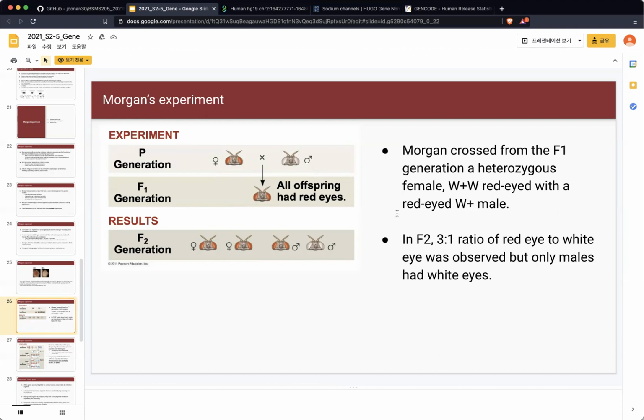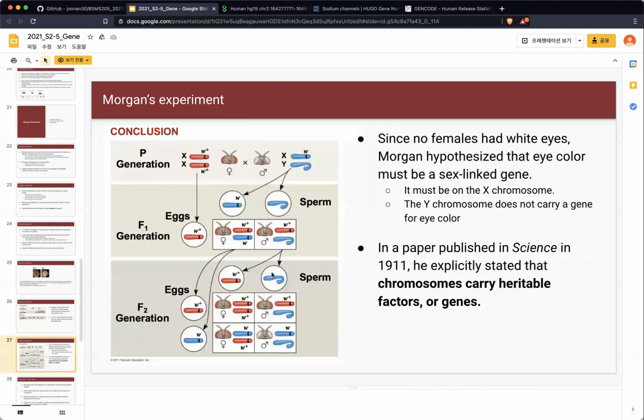In the first generation, all of the offspring have red eyes because they all carry this allele, right? In F2, you have a 3-to-1 ratio of red eyes to white eyes, but only males have the white eyes, right?